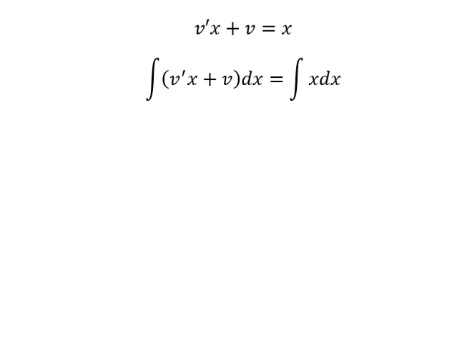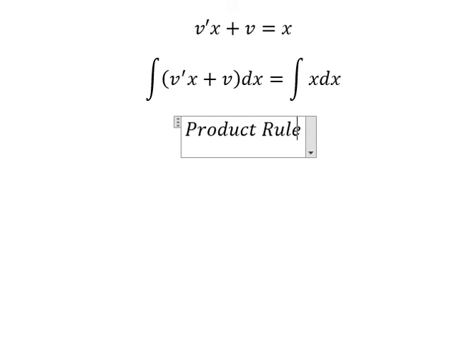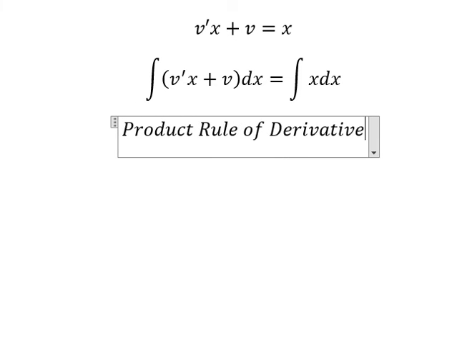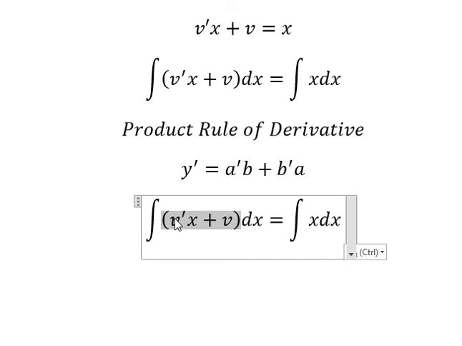So we can use the product rule of derivative. So we have first derivative of y equals to first derivative of a multiplied by b plus first derivative of b multiplied by a. So we have first derivative of a multiplied by b.